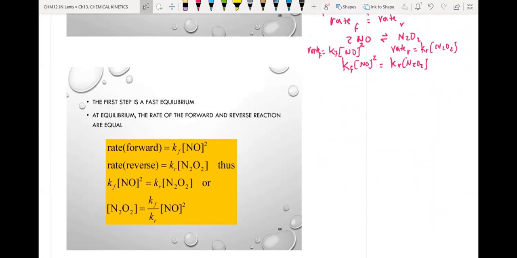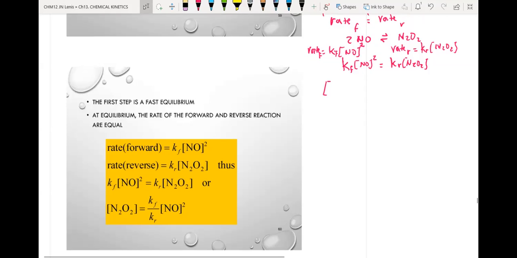So let's write everything and express that in terms of the concentration of our intermediate, because we want to get rid of that. We need to eliminate that because the intermediate N2O2 is not part of the overall reaction.